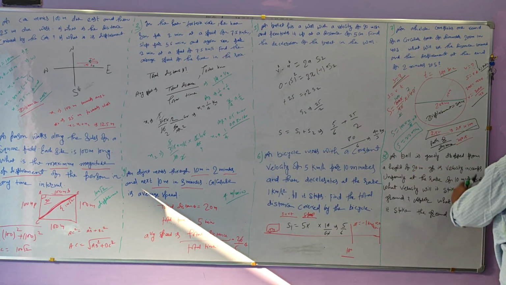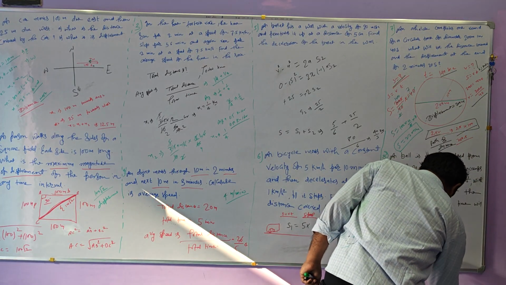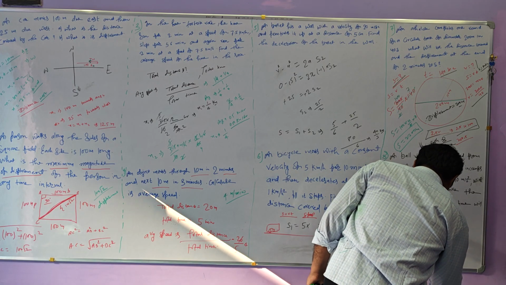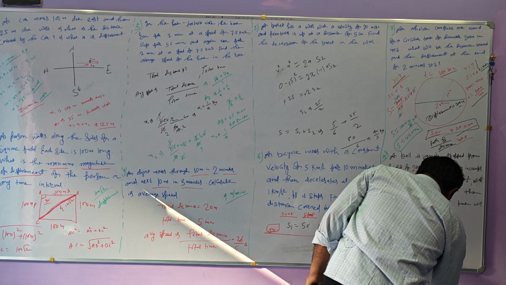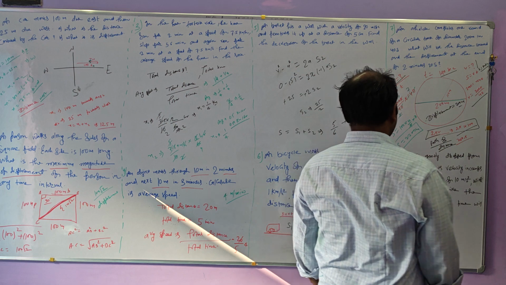Another question: a ball is dropped from a height of 20 meters. Suppose we have the ground and a ball is dropped from a height of 20 meter.